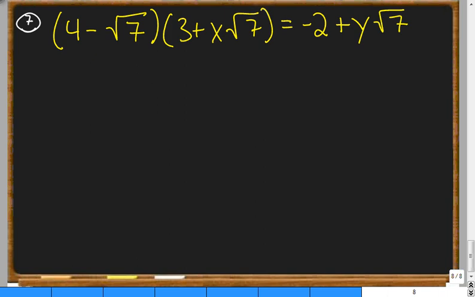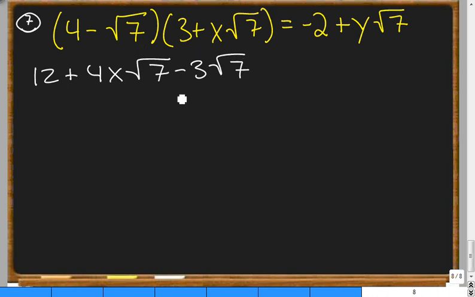So we're going to FOIL this side. We do our first, which is 3 times 4, which is 12. We then do our outside, which is 4 times x times the square root of 7, which ends up being 4x square root of 7. We then do our inside terms, which is negative square root of 7 times 3, which is negative 3 times the square root of 7.